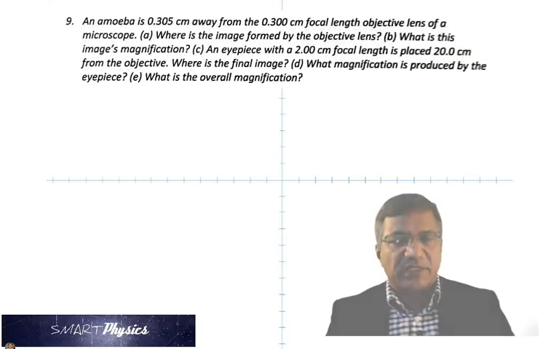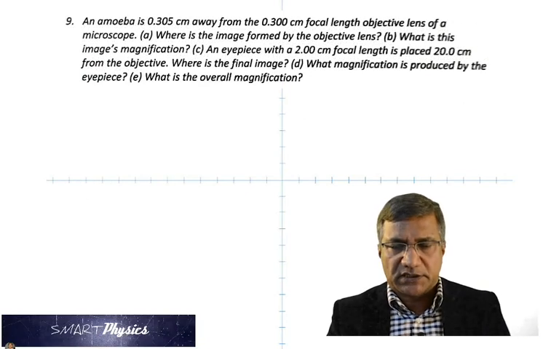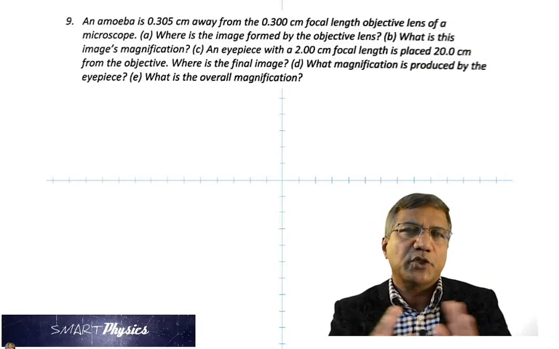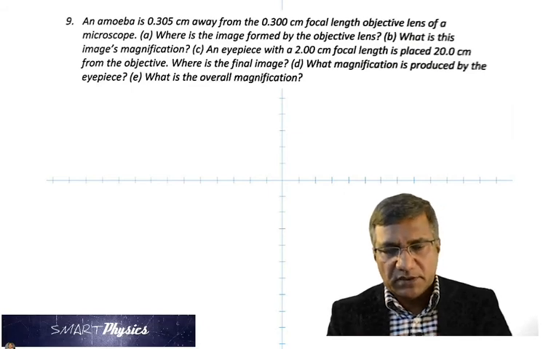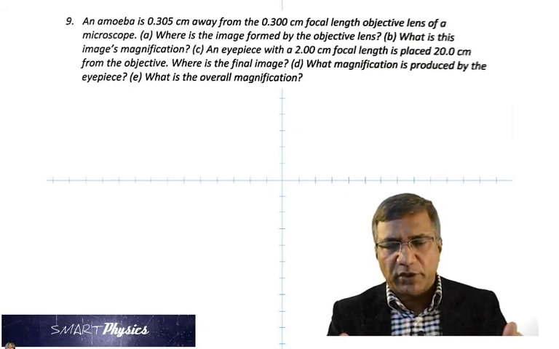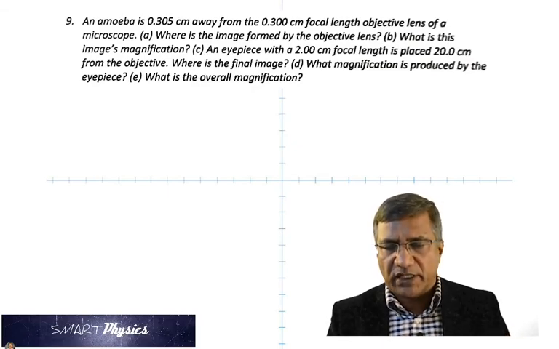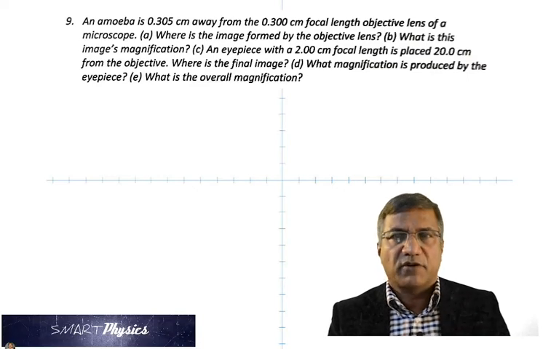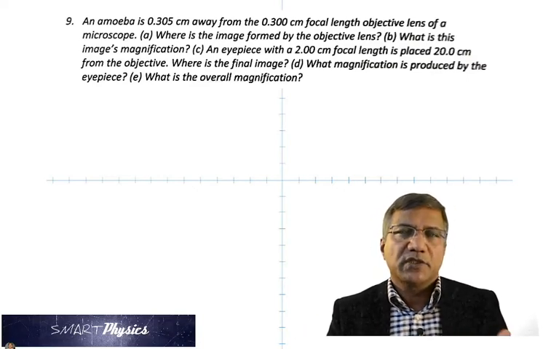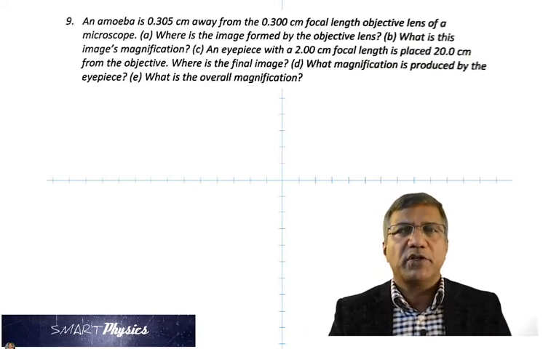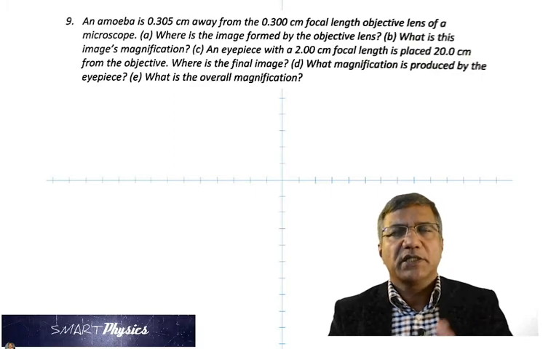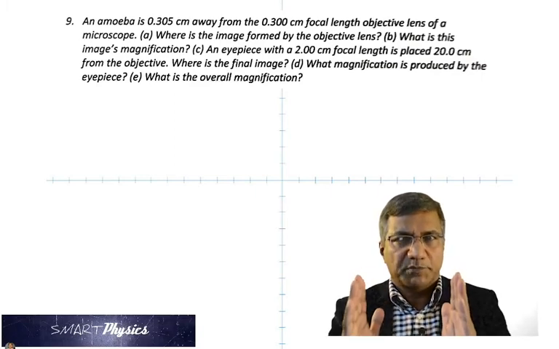Now here is a question that has multiple parts, but we will read it, do it part by part. An amoeba is 0.305 centimeter away from the 0.3 centimeter focal length objective lens of a microscope. So this is about a compound microscope, and we know a compound microscope has an objective lens and an eyepiece.